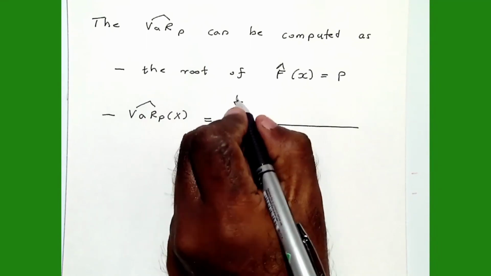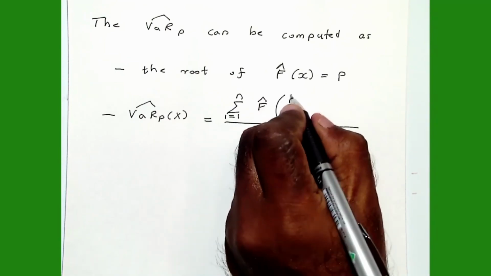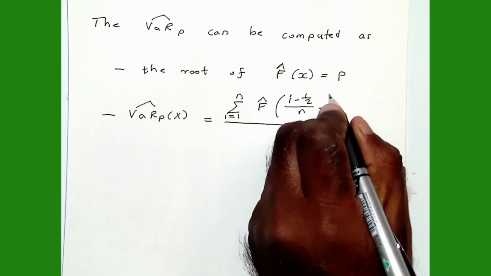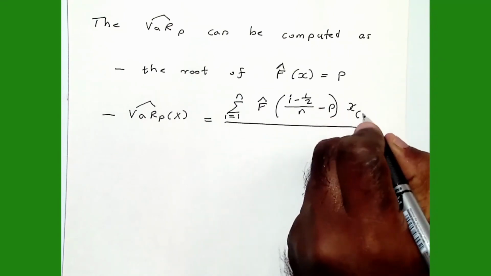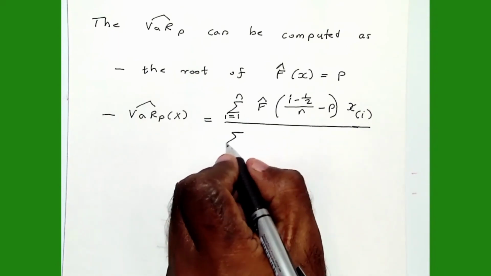On the numerator, you have the sum of F hat(i) minus a half divided by n, minus p. Then you have this. These are the same thing I talked about in the historical method.